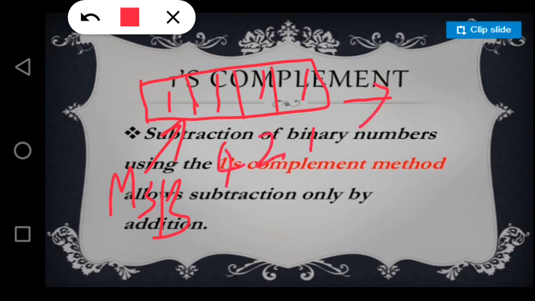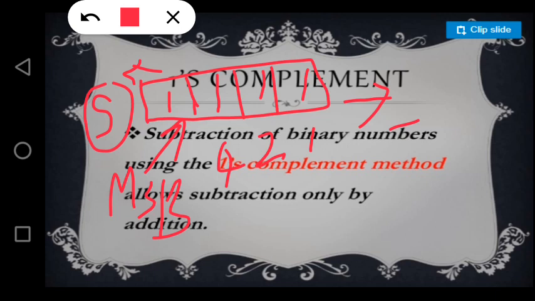I should not write 8 because that bit is reserved for the sign in case of a signed integer. Since it has 1, the number is minus. You all know that if the value of the sign bit is 1, then it represents a negative value, a negative quantity.